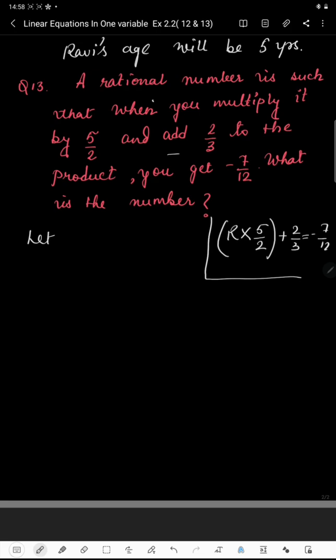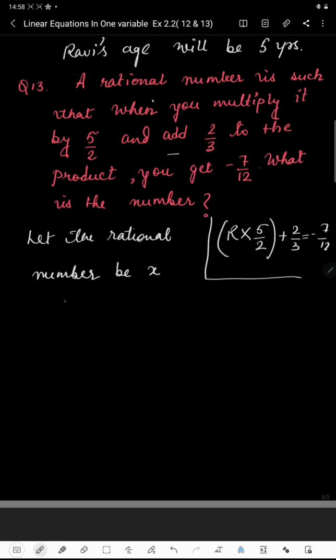Now let us consider the rational number. Let the rational number be x.